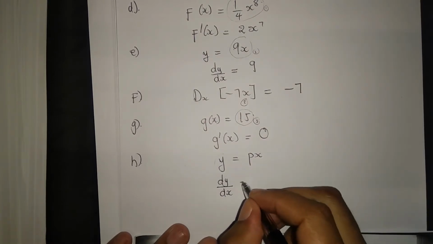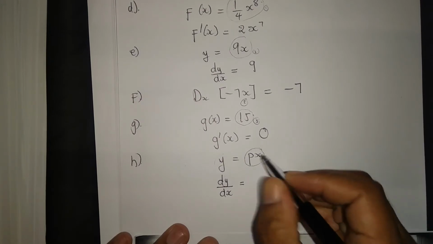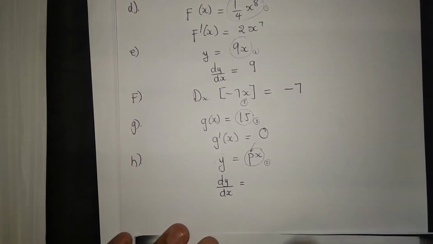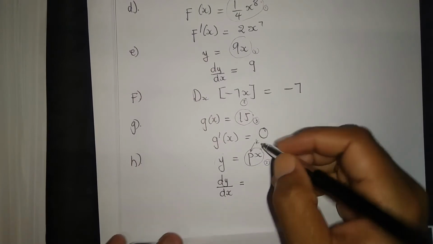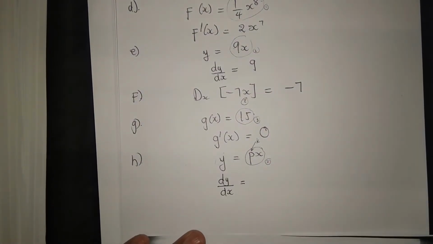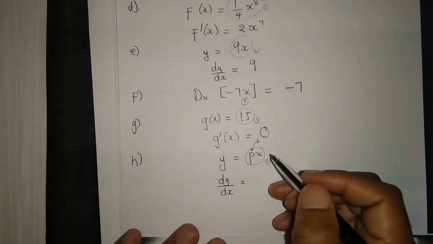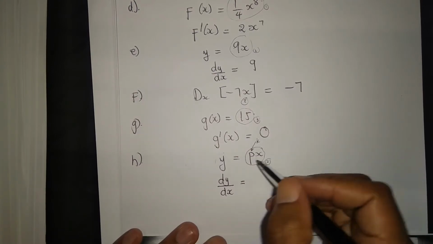So check out, this is rule number 2. This p is confusing, it is like the k in rule number 2. The p will act as a coefficient.